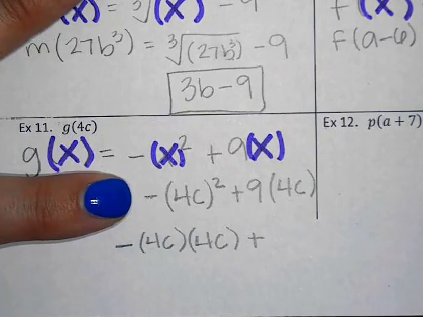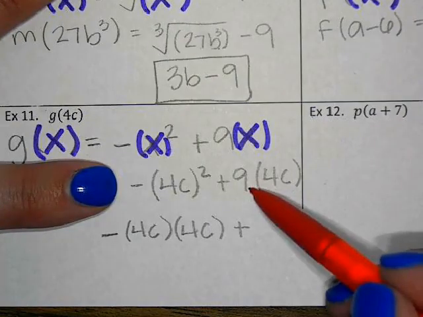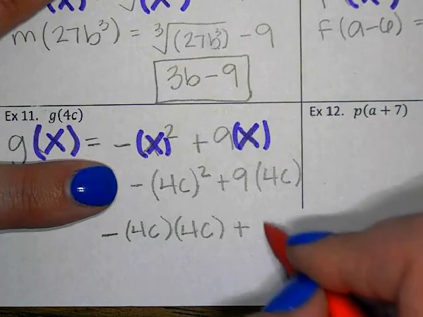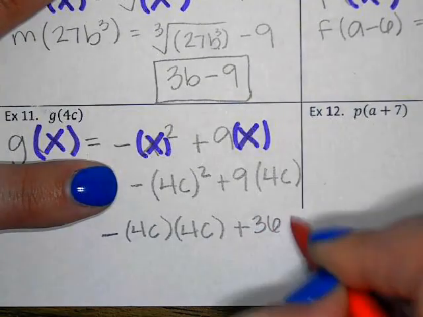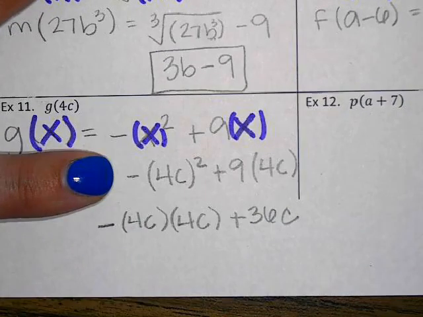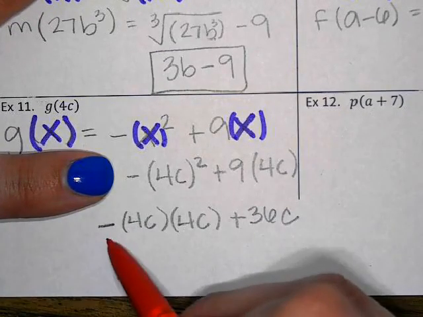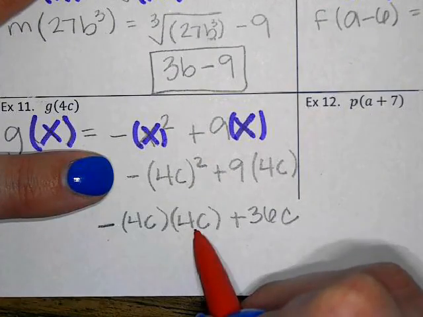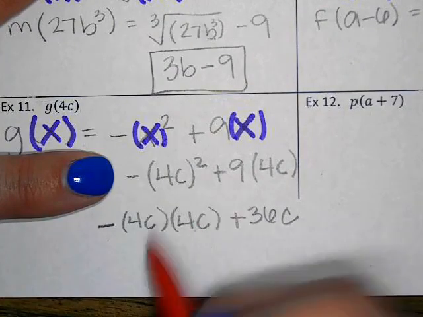Okay. In the front, I have the negative version of 4 times 4, c times c, c squared. There we go.